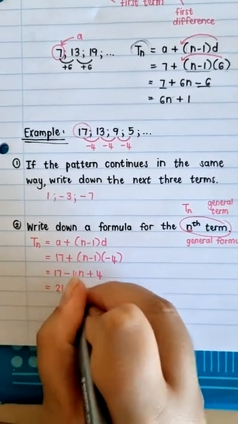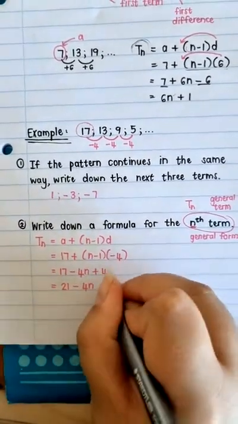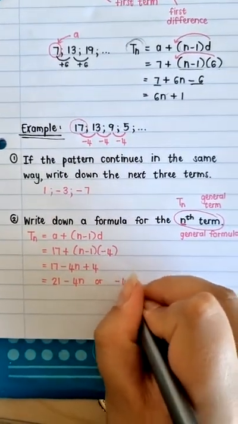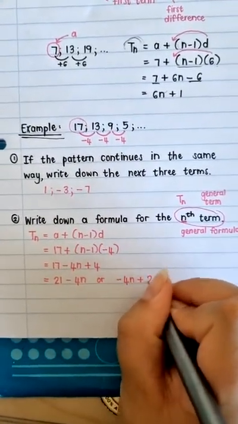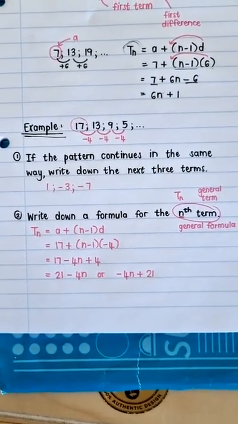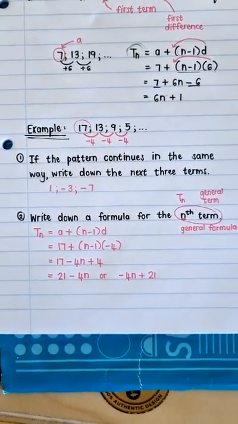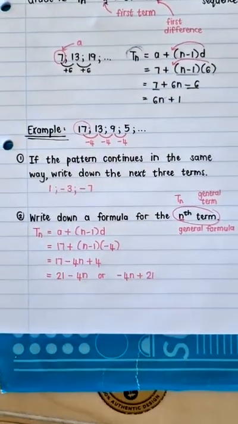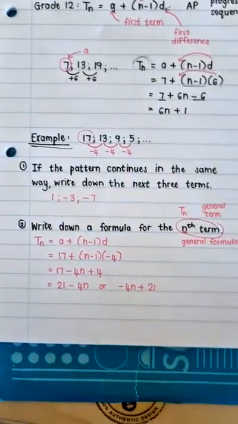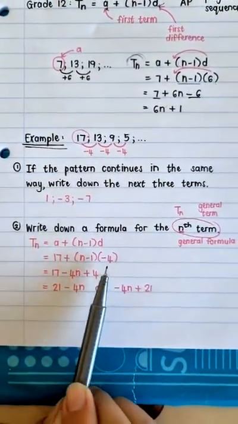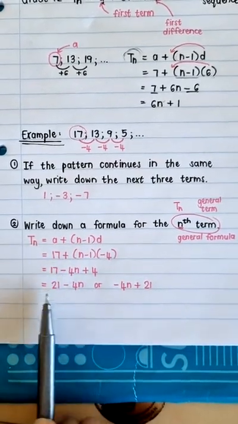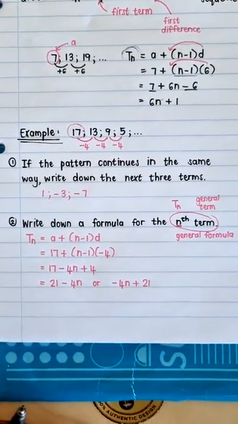So you can write it like that, as 21 minus 4n, or if you want, you can write it as negative 4n plus 21. Okay, it's the same thing there. You can write it in either way. All right, so just check if you got an incorrect answer there. Just make sure what you did wrong. Okay, you need to put in your a value, then your constant difference value, multiply the constant difference into the bracket, and then simplify, and then there you get your general term.